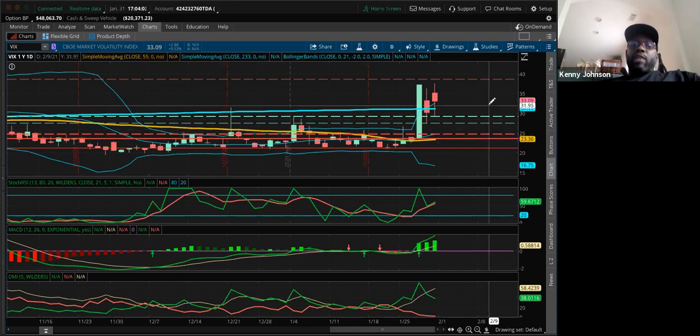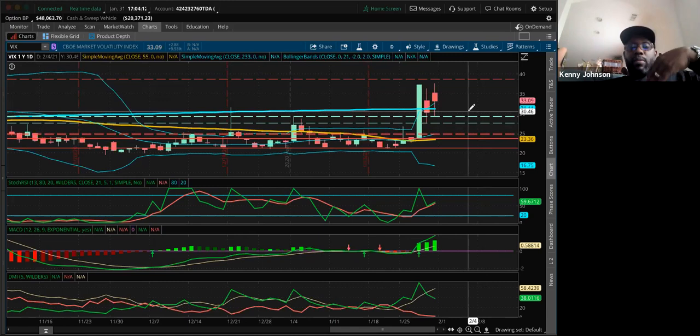But as the VIX goes up, the Dow has negative days. Those are those red days. When the VIX goes up, those are those red days. It's the total inverse of the market.